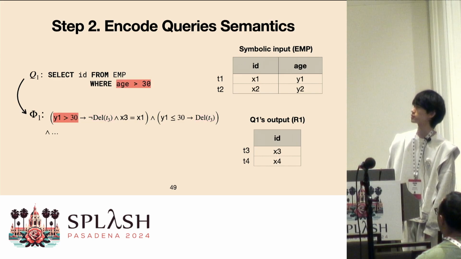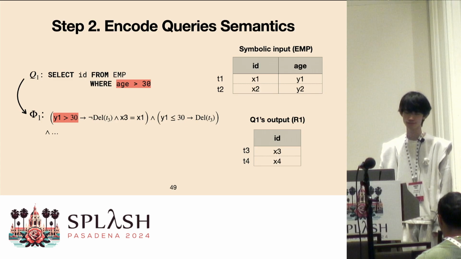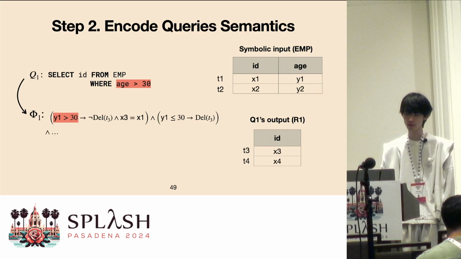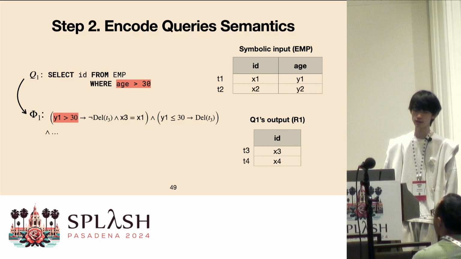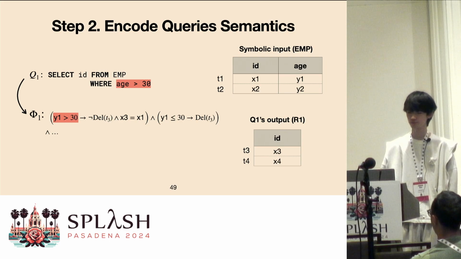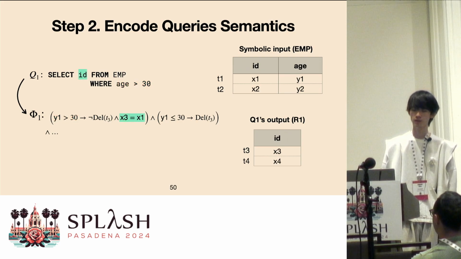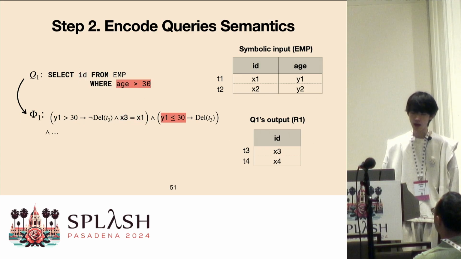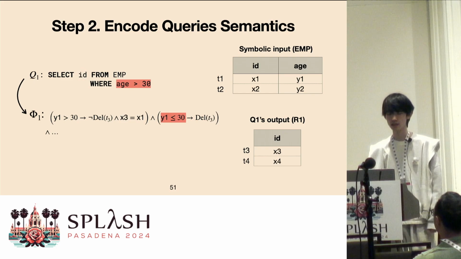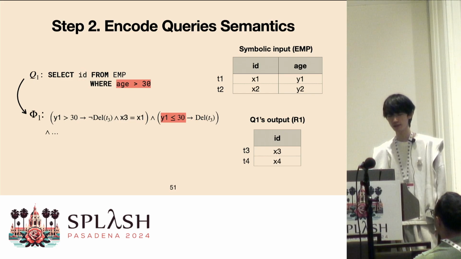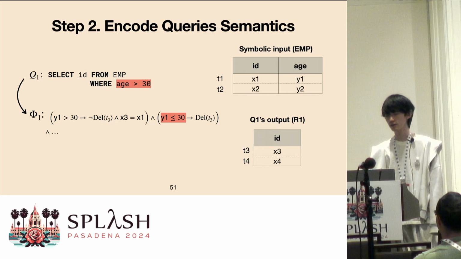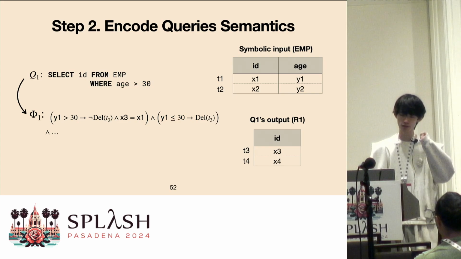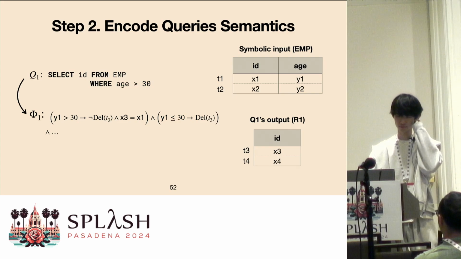And then we'll first encode the where clause. Intuitively, if a tuple has age greater than 30, then the tuple is preserved in the output table. And then we project the ID column by copying the values. Otherwise, if the tuple has age less than or equal to 30, then the tuple is deleted in the output table. Similarly, we can create a formula phi2 to encode the query Q2.